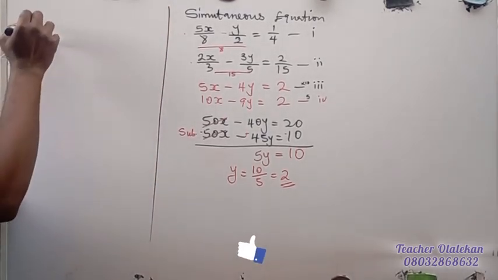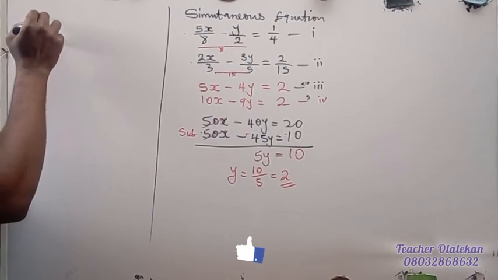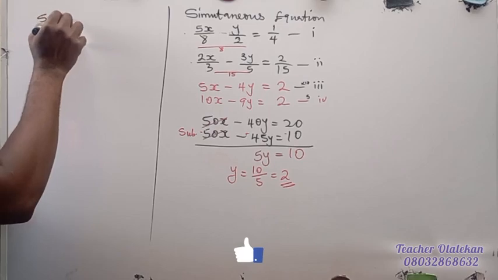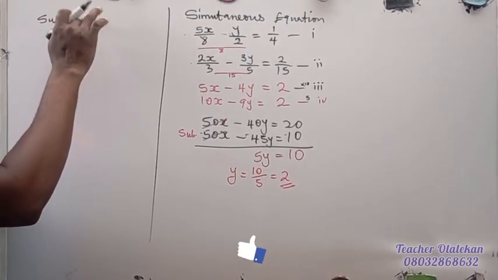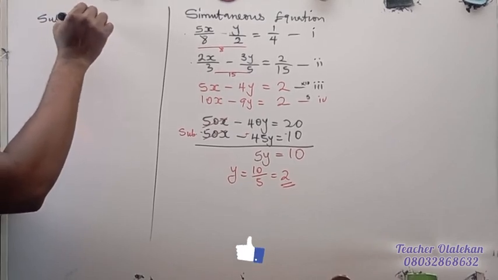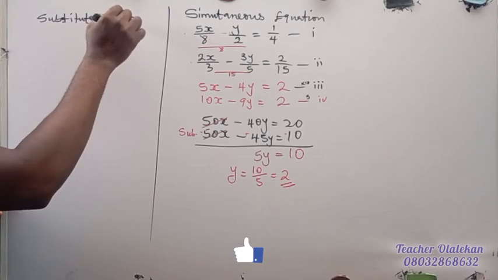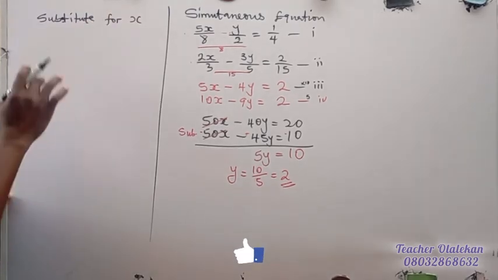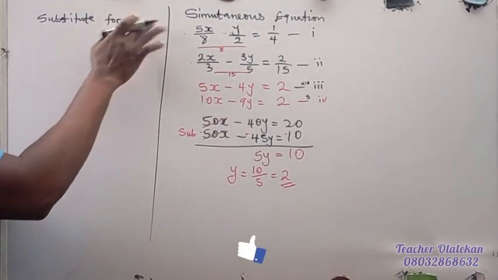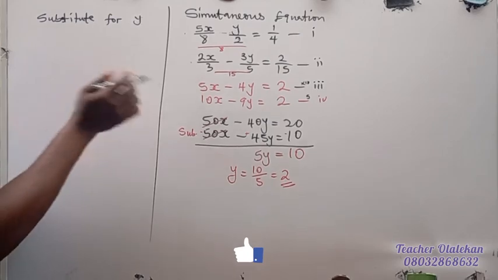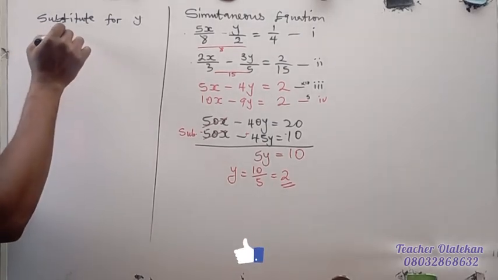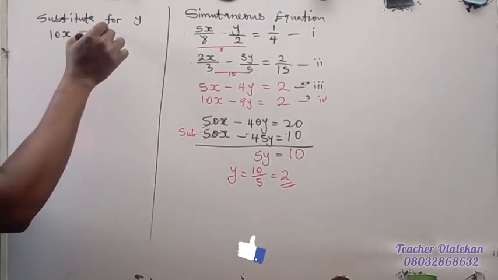We have 10x, so let's substitute for x. Also substitute for y in equation 4. That's 10x minus 9y is equal to 2.